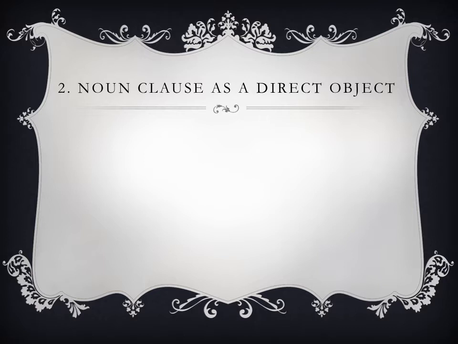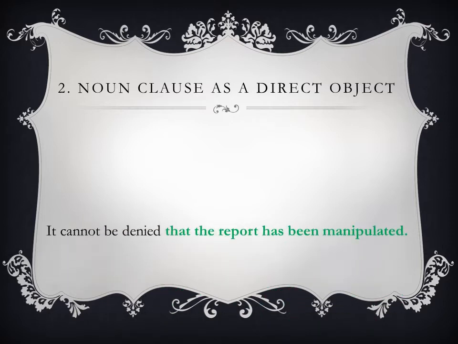We come to the second function of noun clause as a direct object. A direct object receives the action of the transitive verb and answers the question what or who. Now let's see the example. It cannot be denied that the report has been manipulated.